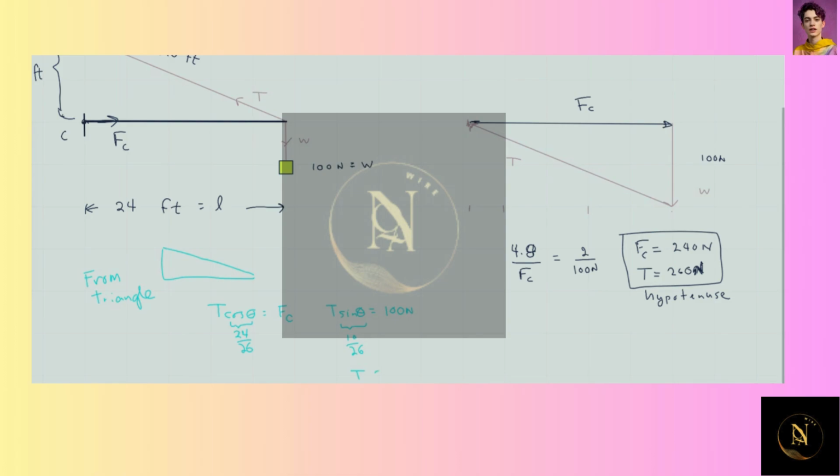The tension is 26 times 100 over 10, or 260 newtons. And that then tells us that 260 times 24/26 is the compressive force, and that's 240 newtons.